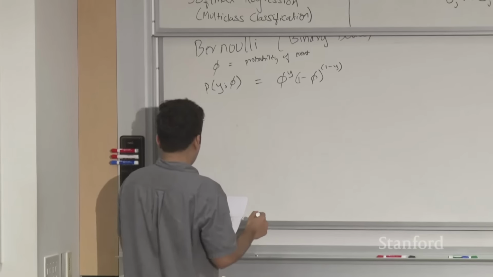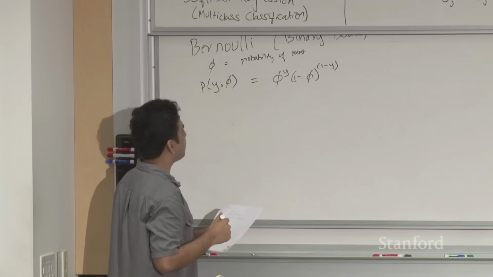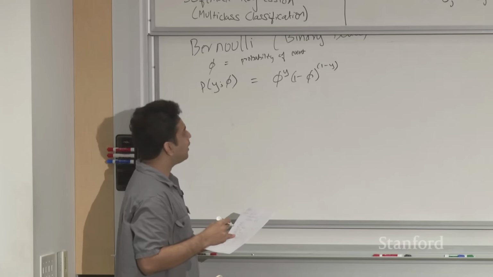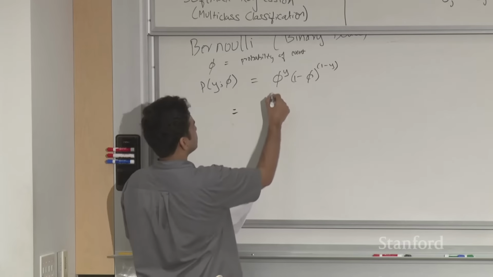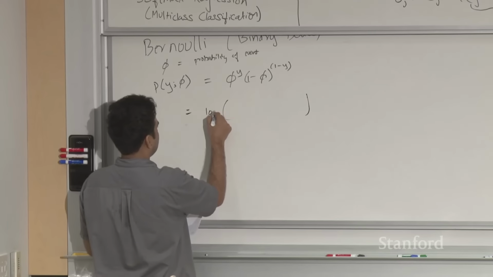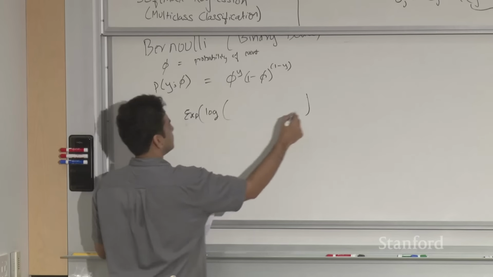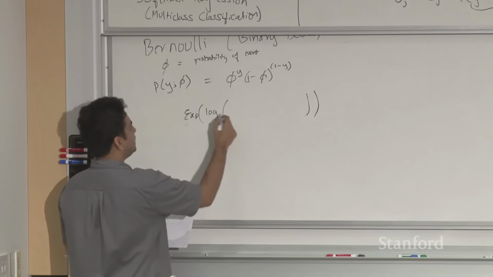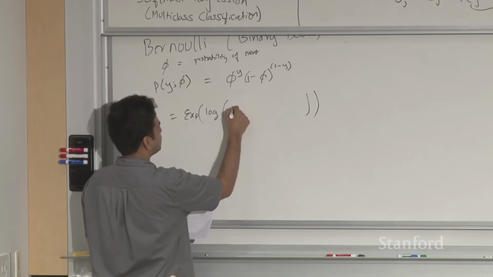Whenever you see a distribution in this form, a common technique is to wrap this with a log and an exp. Because these two cancel out, this is exactly equal to this.